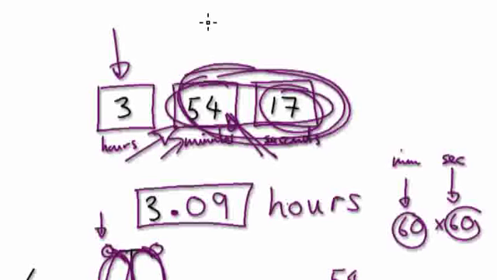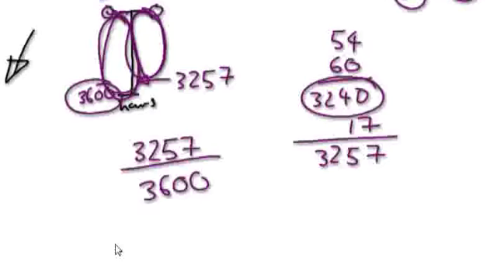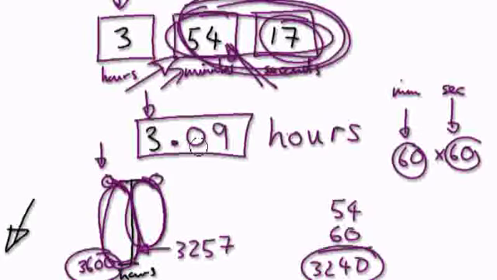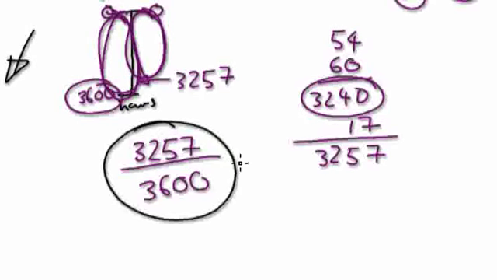So 3 hours, 54 minutes and 17 seconds, well, that would be 3 point, what was it? Hang on. Sorry, I made a mistake here. This bit here equals 0.9.